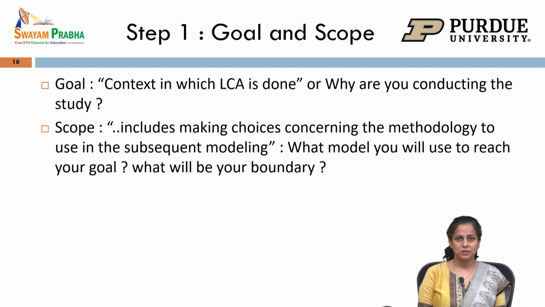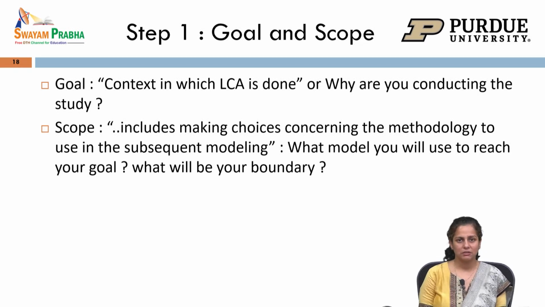The next thing, which is the scope, is where we are actually making choices concerning the methodology to use in the subsequent modeling. Of course, when we go to the scope phase, we will see that in detail. But what that means is that if you are modeling a manufacturing process, the methodology could be that we want to look at the whole manufacturing sector together, which can be looking at the economy, or you can be looking at just the processes.